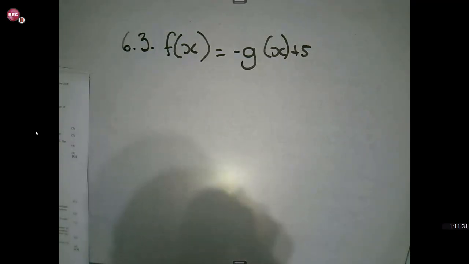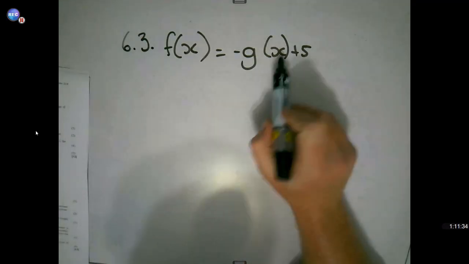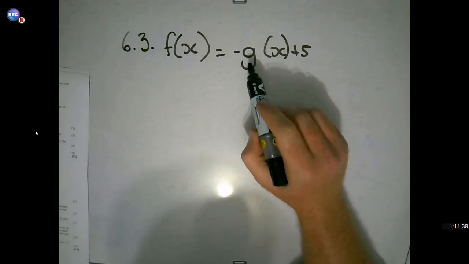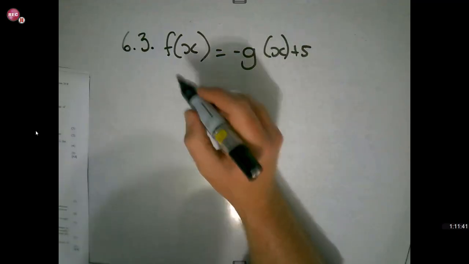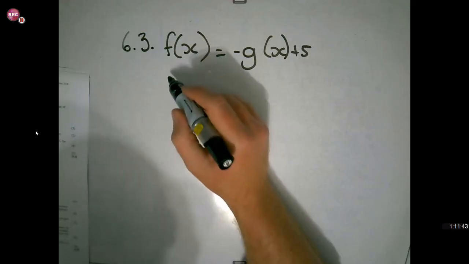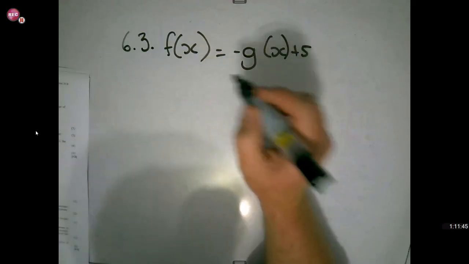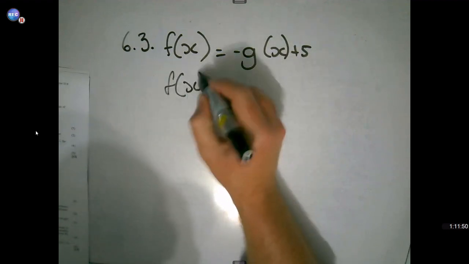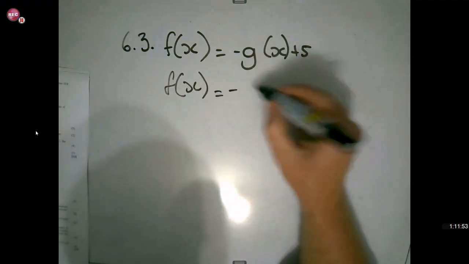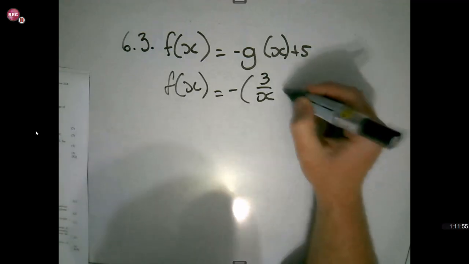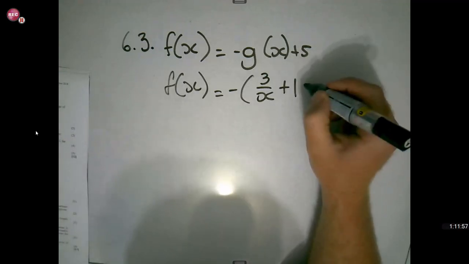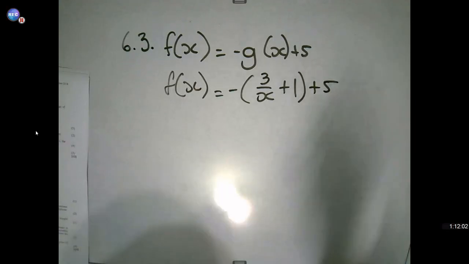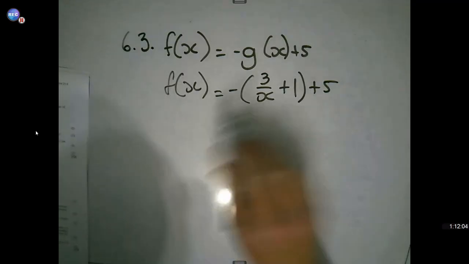If you go and look at it, g(x) on its own, you've calculated already, which is the 3 over x plus 1. So the only thing we do is we substitute. First things first, we take it, we throw it over, so it becomes f(x) equals negative 3 over x plus 1. That's what we calculated. And then we've got plus 5 over here. Sorted. Now we distribute the negative.